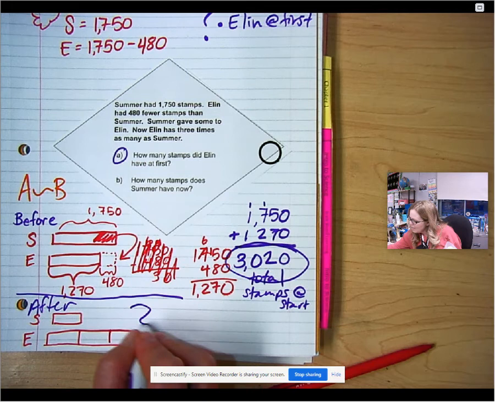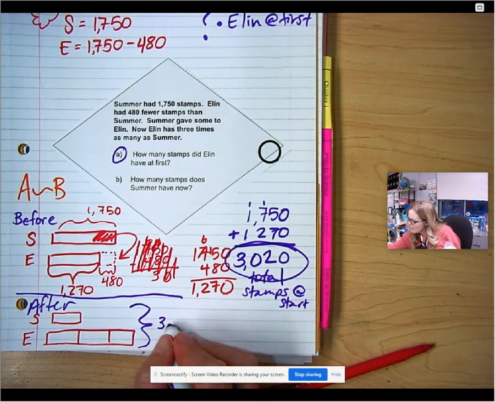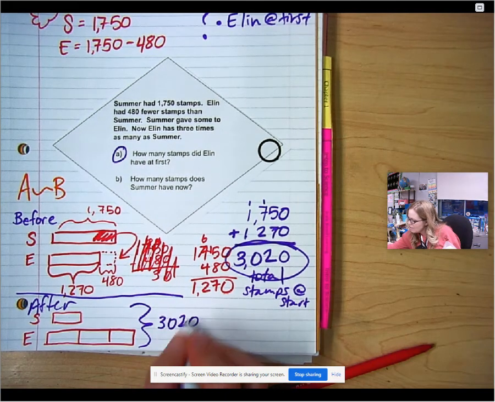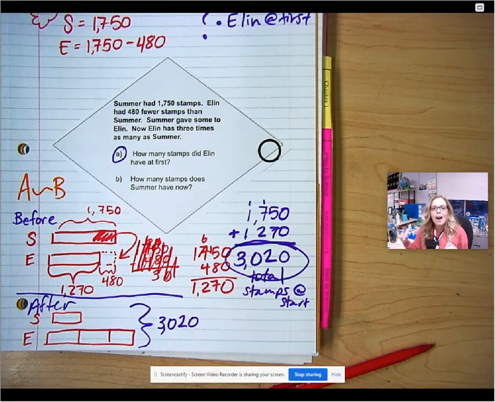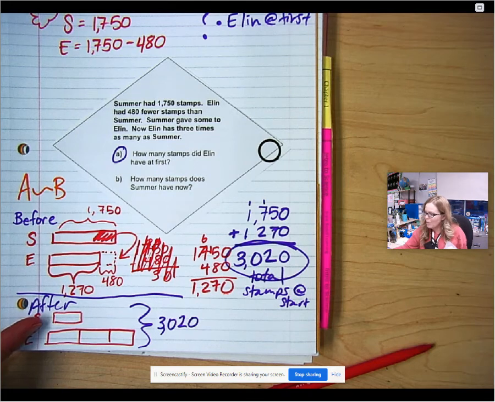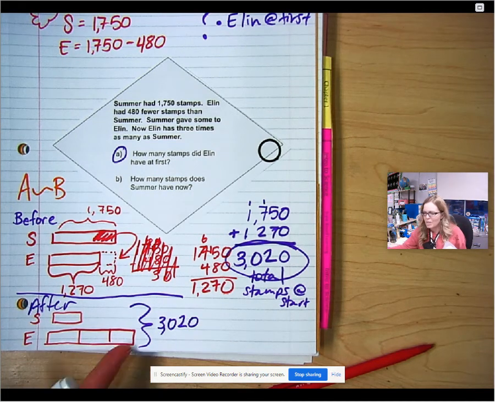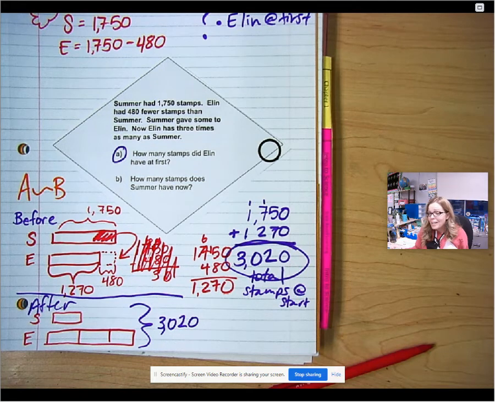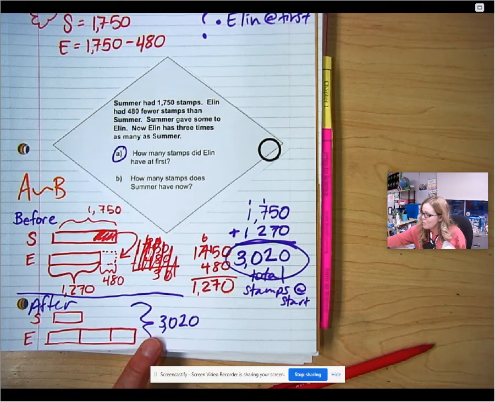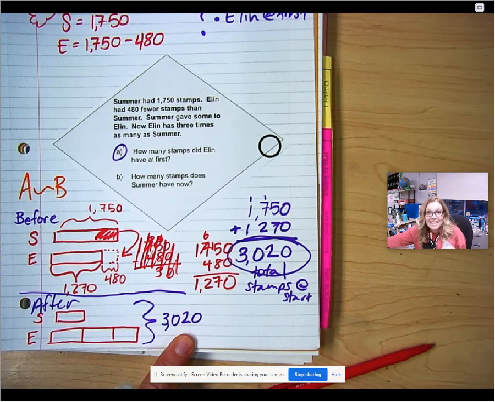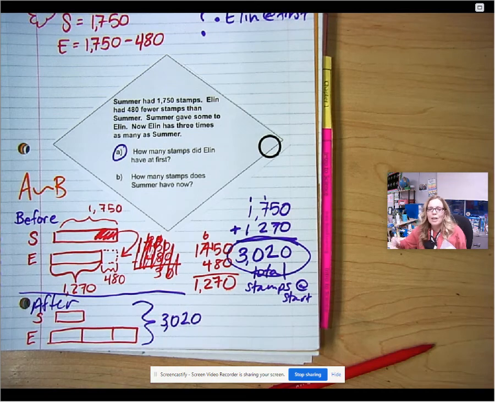They end with the same amount of stamps, 3,020. Aha! But now we know that Summer has 1 portion compared to Elin's 3 portions. Okay, so now we know that if I were to add all those portions together, they would equal 3,020.